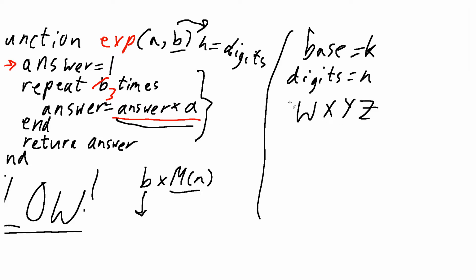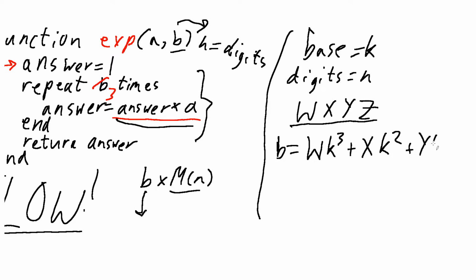Now, the value of our number, which is b, will be equal to w times k to the power of 3 plus x times k squared plus y times k to the 1 plus z times k to the 0, which is just 1. And that's just how positional number systems work. If we have 4 digits, that's what we get for every single number.